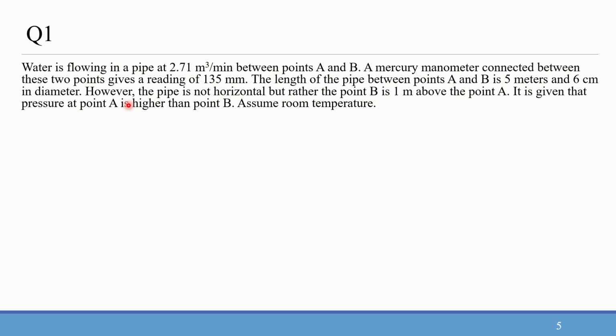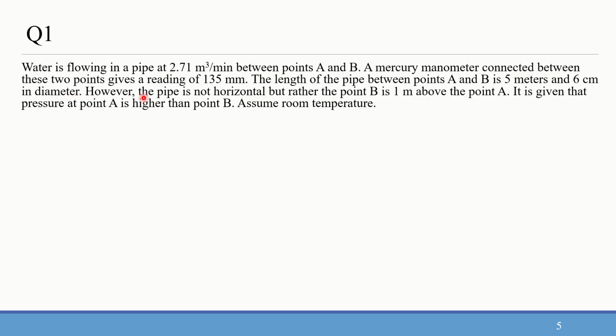Question 1 is about water flowing in a pipe at 2.71 meter cube per minute between points A and B. A mercury manometer is connected between these 2 points and it gives a reading of 135 mm. The length of the pipe between points A and B is 5 meters and the pipe diameter is 6 centimeter.